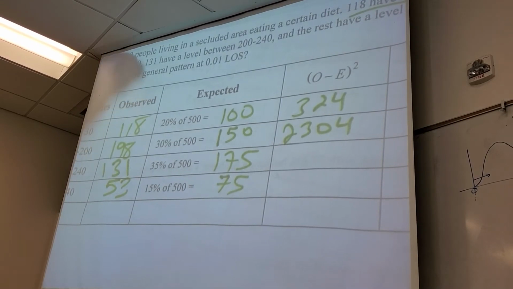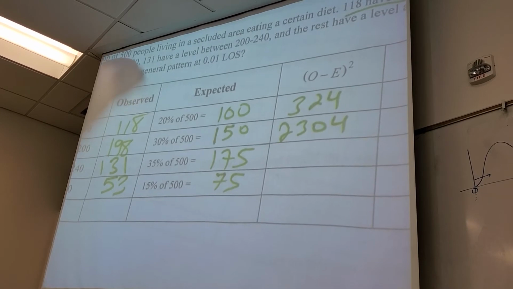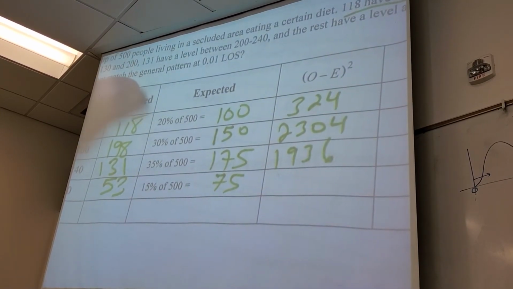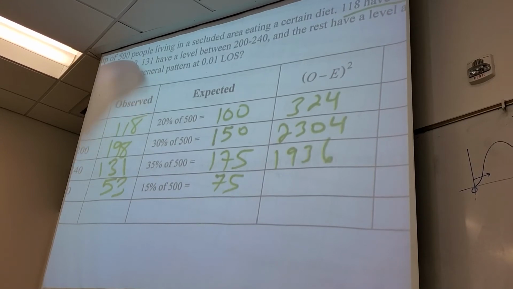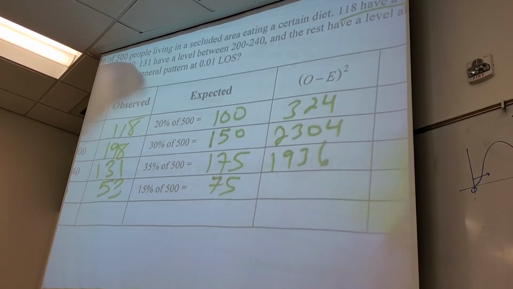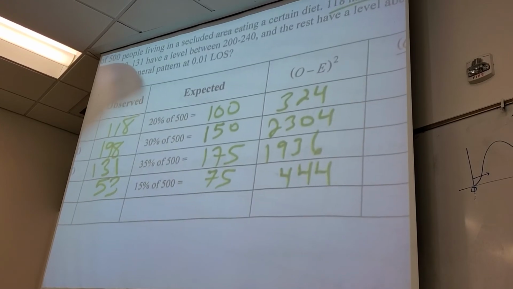That's 44. 1776. 1936. And then let's see. That's going to be 324 here. No, it's going to be 22,444. 484.